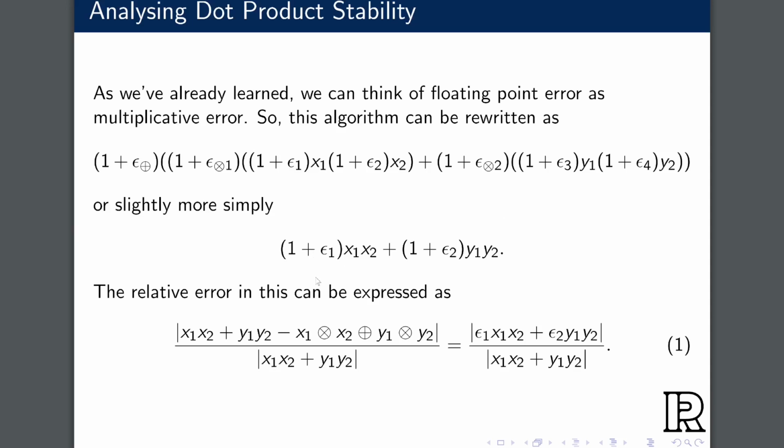But because of floating point and its great design, we only have to analyze this much simpler error expression. Thank goodness for floating point. And so, for relative error, we can use the formula I talked about earlier, and this is going to be the formula for the relative error, because this here is my approximation, the thing on the right, and the thing on the left is our actual true value.